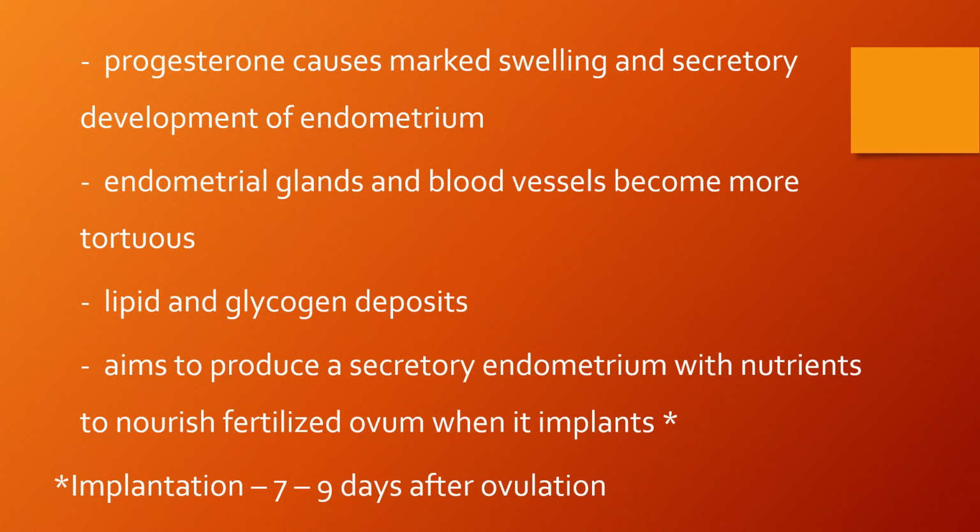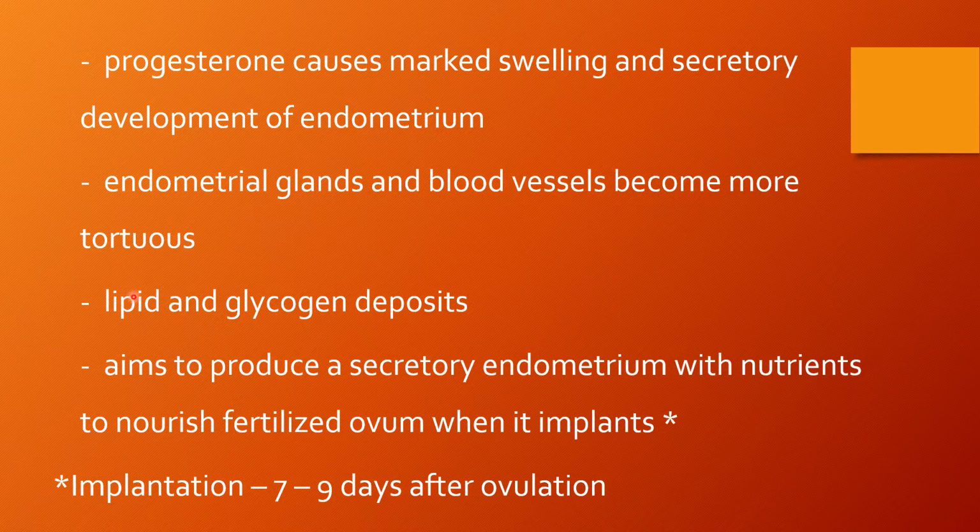Progesterone causes marked swelling and secretory development of the endometrium. Endometrial glands and blood vessels become more tortuous, and there will be lipid and glycogen deposits.